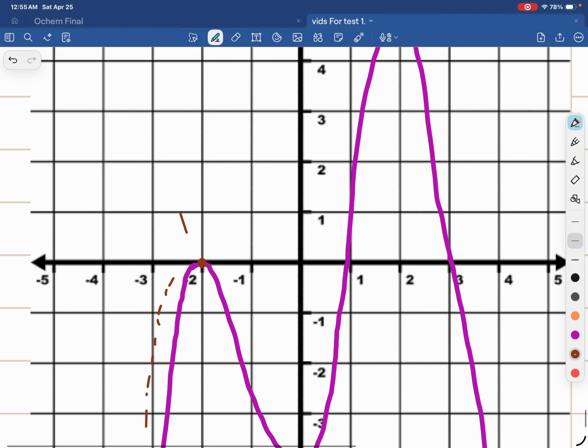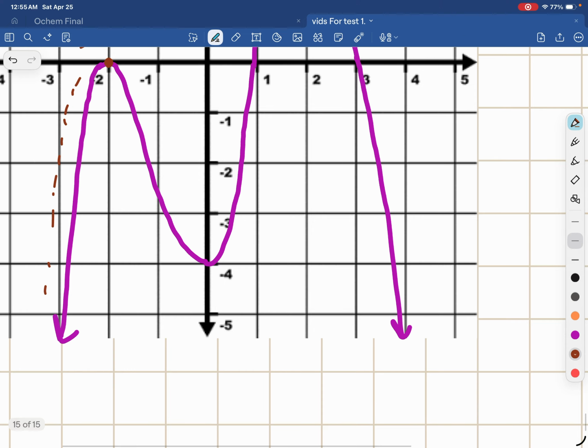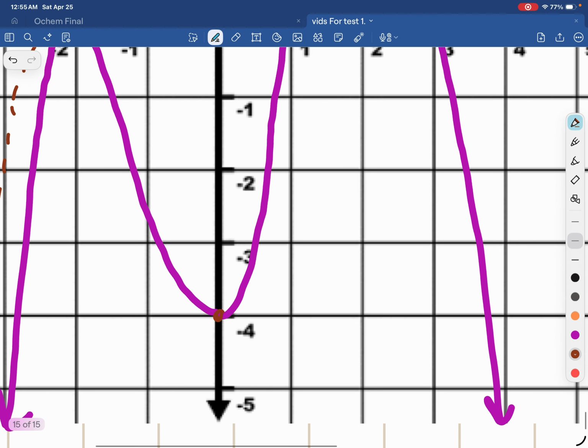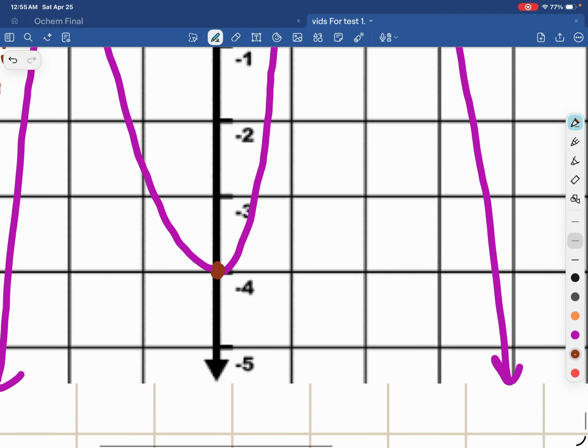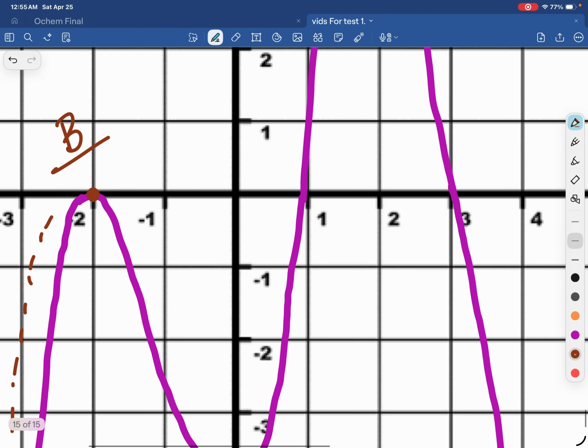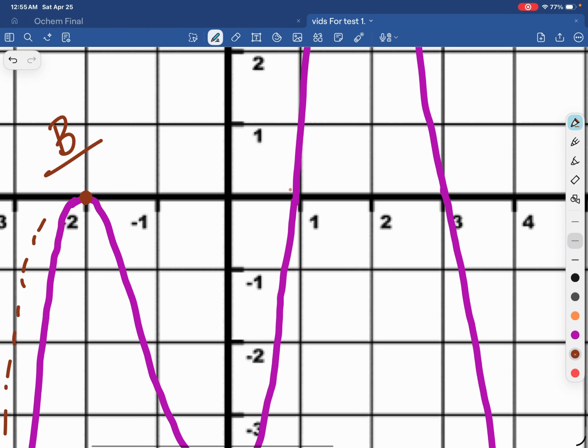So we put a B right here for our information. At -4, we can note that this is our y-intercept and will be extremely helpful when solving for A. But from this point, we have to look for our next x-intercept, and this is going to be at -1.